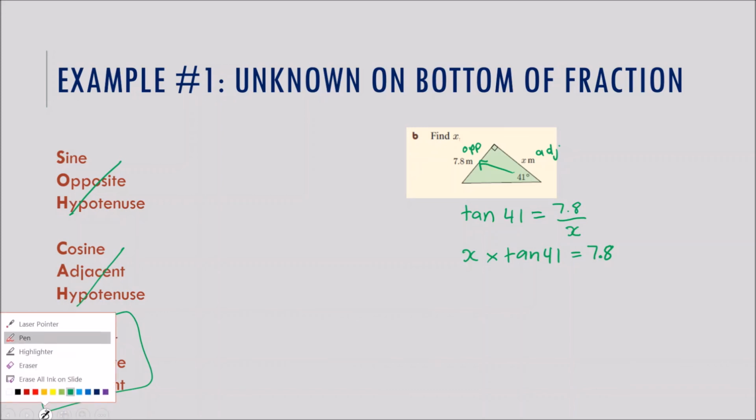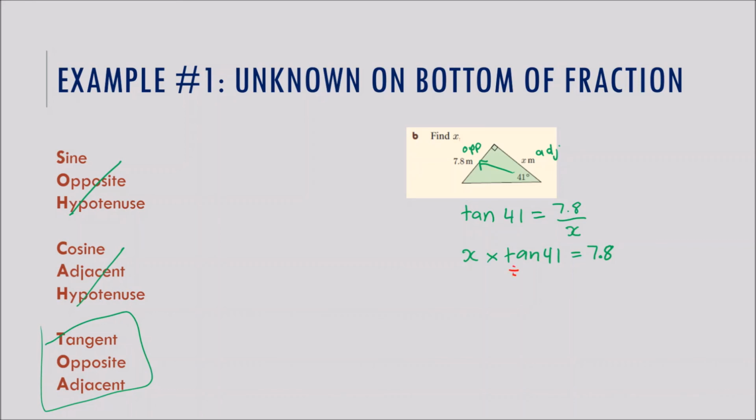So what do I do if I have a value that I want to get all by itself, and I'm multiplying by something? Well, I should be able to divide by tan of 41. Just because it's not a nice looking number doesn't mean I can't do it. So I'm going to divide by tan 41, and what I end up with is x is equal to 7.8 over tan of 41.